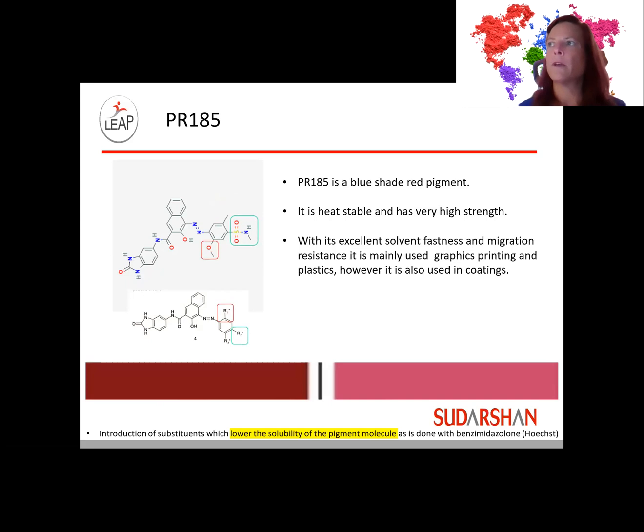This is a blue shade red pigment, with very high heat stability and strength. It has excellent solvent fastness, which makes it a very good tool for graphics printing, but it also can be used in plastics and in coatings.